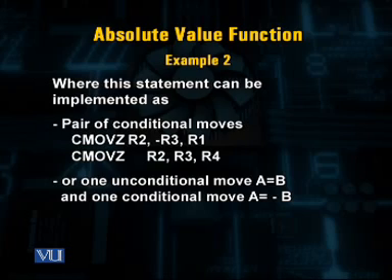However, this operation can also be implemented by using one unconditional move instruction to replace the value of A by the value of B, whereas the second instruction must be a conditional instruction which should replace the value of A by minus B when the predicate register is equal to 0.